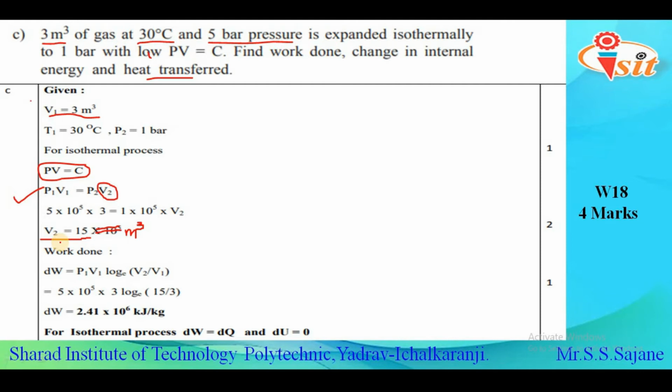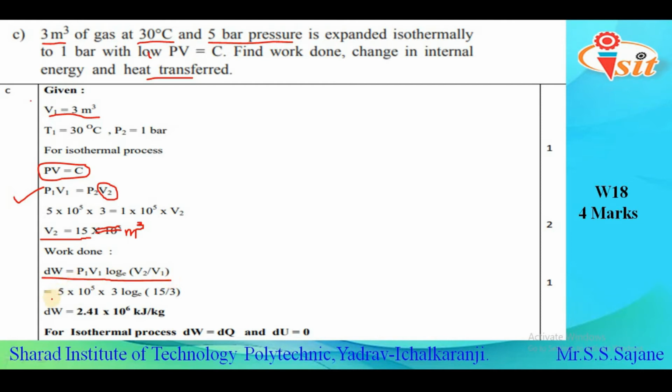Once we get the value of V2, then we can easily determine the work done for isothermal process. As we should know, the formula for work done for isothermal process is given as dW is equal to P1 V1 into log to the base e of the ratio of volume, that is V2 by V1. So we will substitute all these values in this equation.